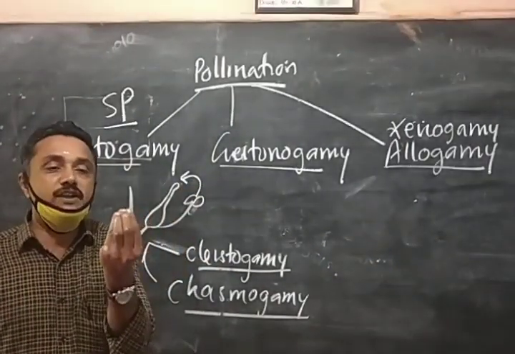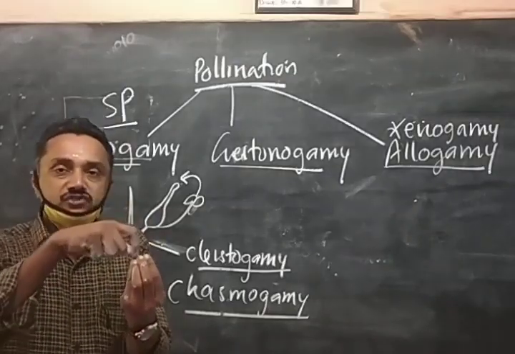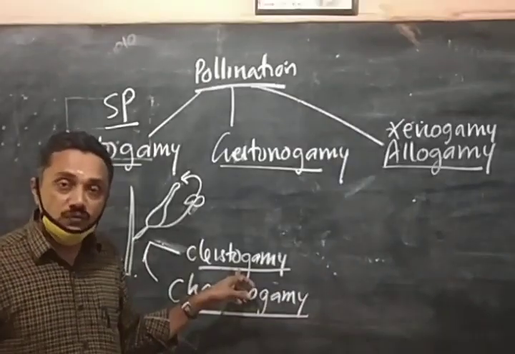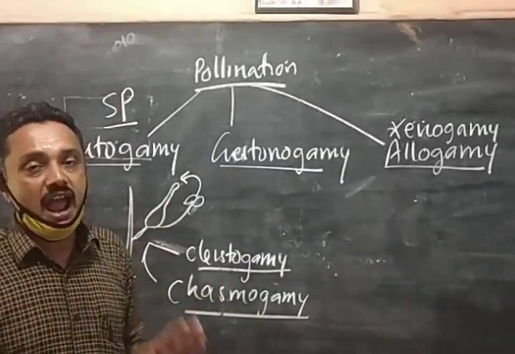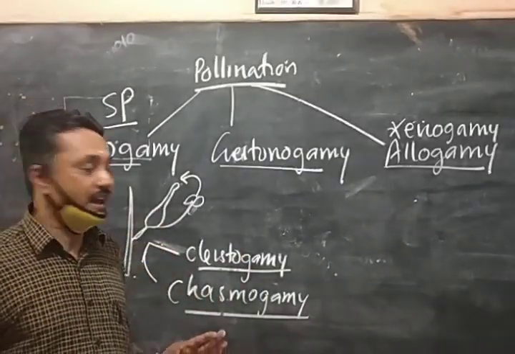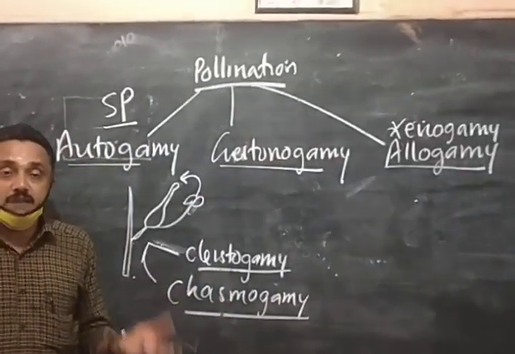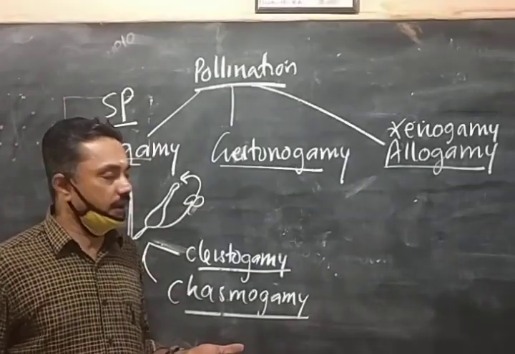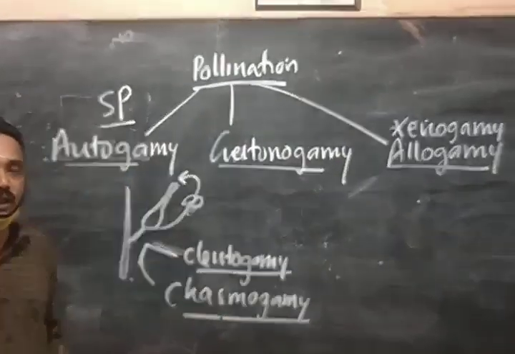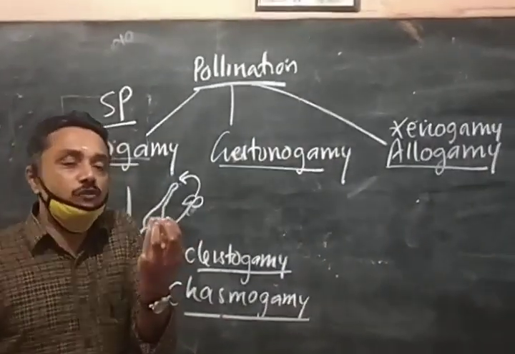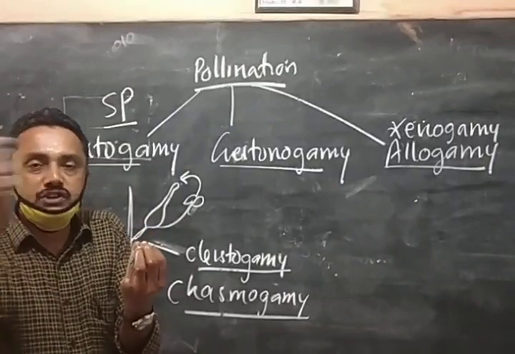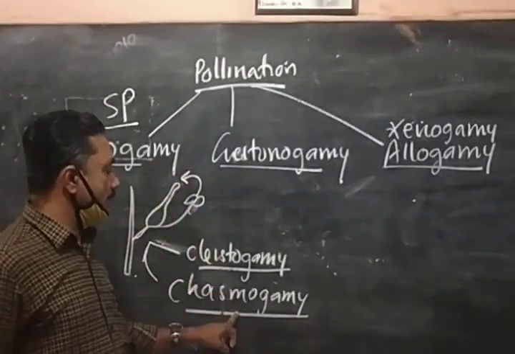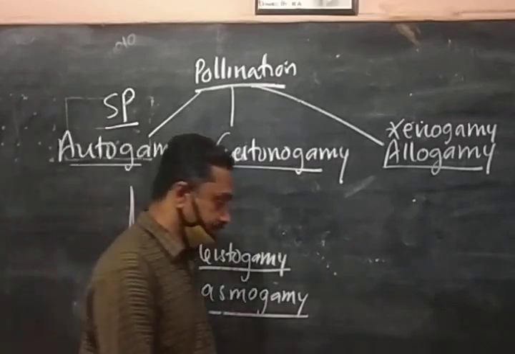Flowers are always closed, so in cleistogamous flowers self-pollination is an adaptation. Questions can be asked like that. Cross-pollination will not occur. So there are autogamy, cleistogamy and chasmogamy.